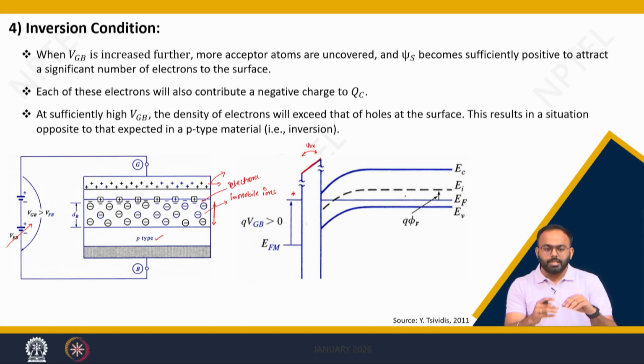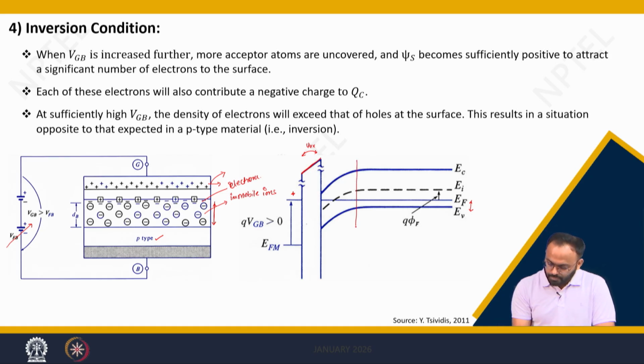Now what will happen here? In a p-type semiconductor the Fermi level is near the valence band, right, and in an n-type semiconductor the Fermi level is near the conduction band. If we see this picture, the dotted line is the intrinsic level, and this is the Fermi level. The Fermi level is below the intrinsic level, and hence this is a p-type semiconductor. But what is happening if you increase the voltage? Your surface potential is increasing, and the bending will be more.